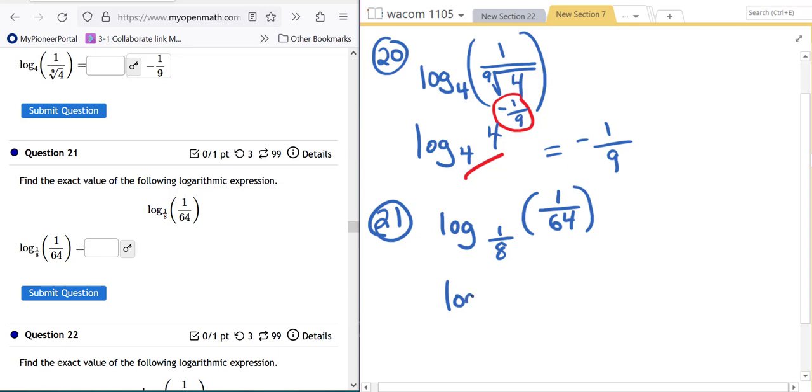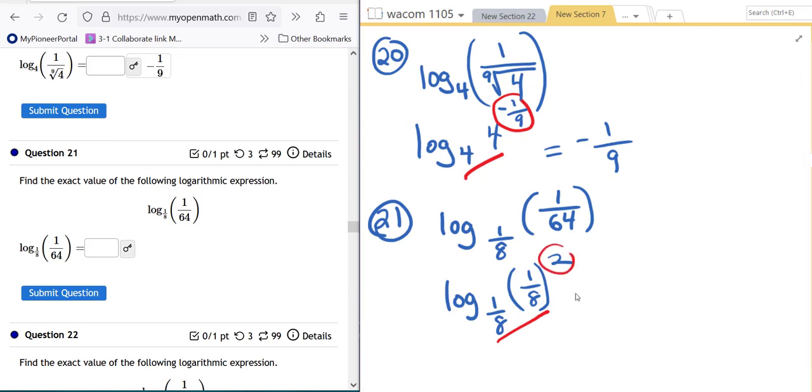So if we try log base 1/8 of 1 over 8 squared, that would be 1 over 64. So it's good. These are the same. The answer is 2.